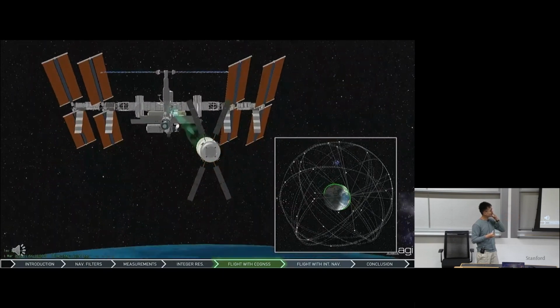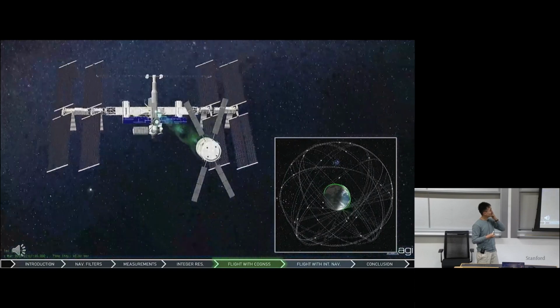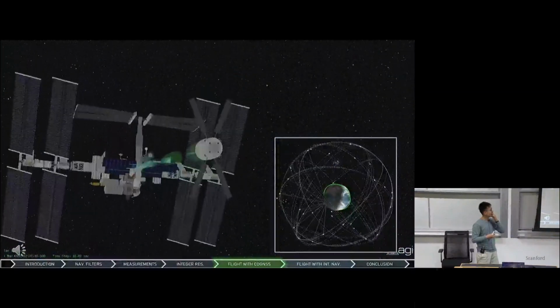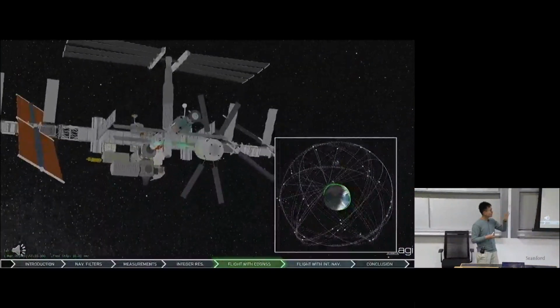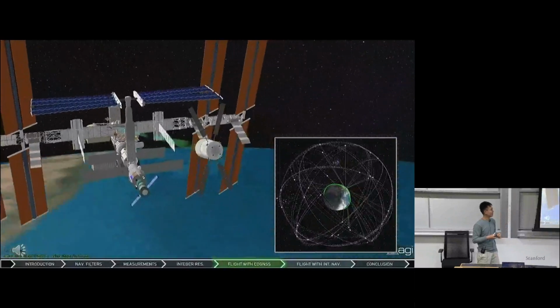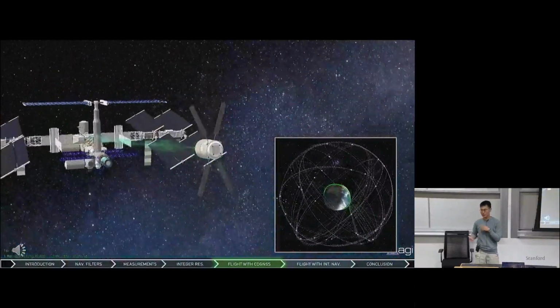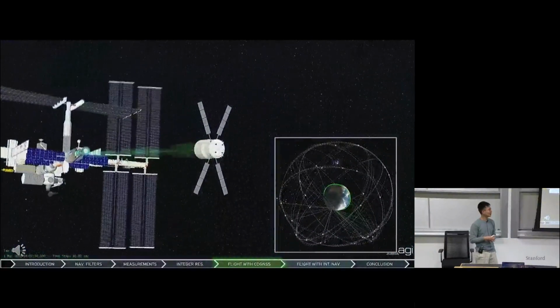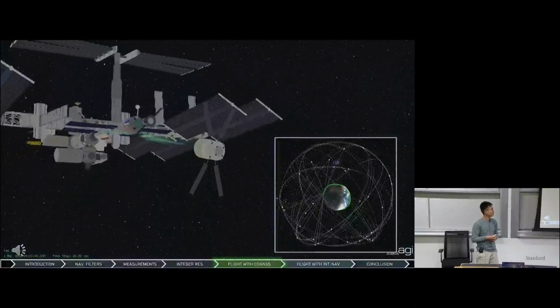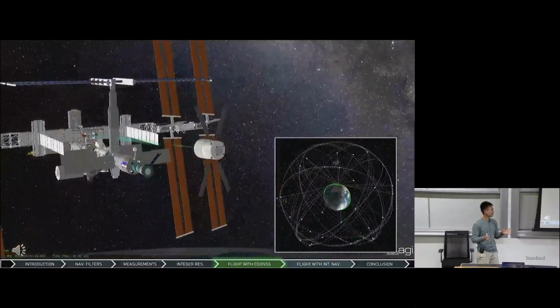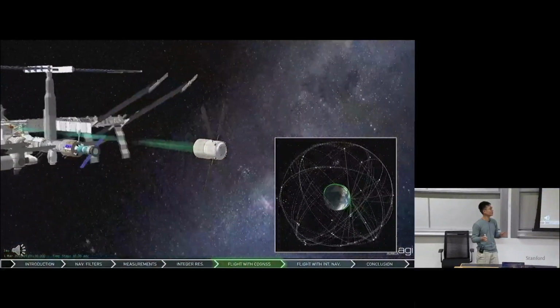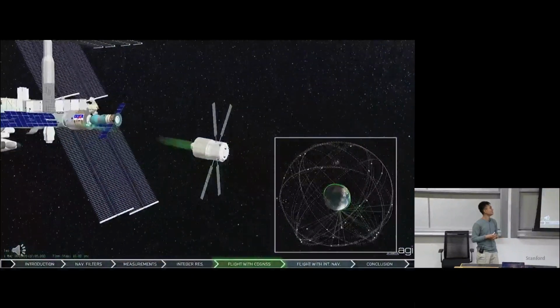I forgot what it's called. Automated Transfer Vehicle? Yes, I think it's the ATV, yeah. And so we simulated a trajectory for them, and we included the effects of multipath noise, which is a very simplified model for multipath noise, for a single rendezvous and proximity attempt demonstration.